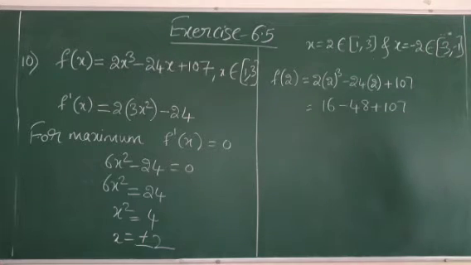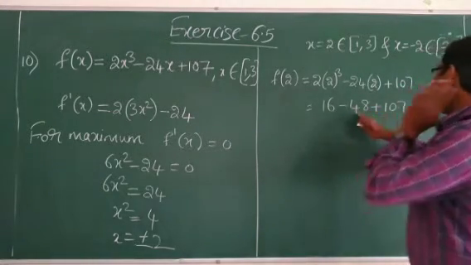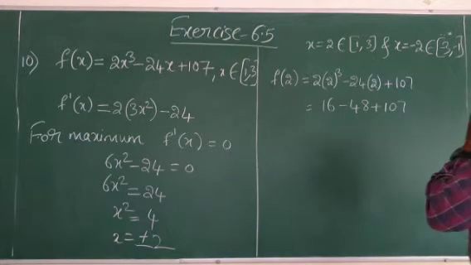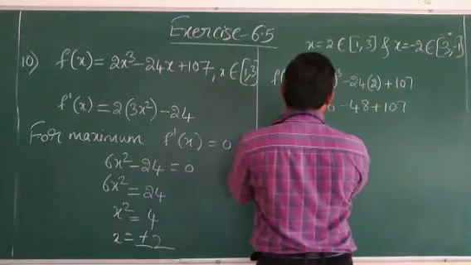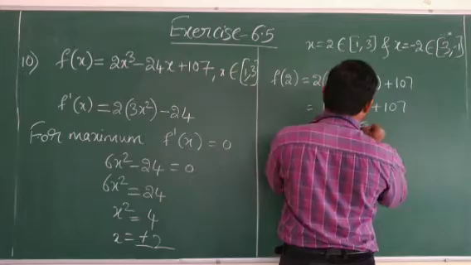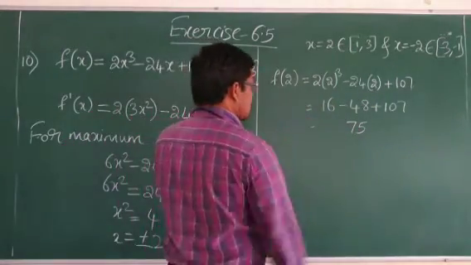This value simplified, we will be getting 16 minus 48 is minus 32, minus 32 plus 107. So I think it is 75. So f of 2 we get 75.